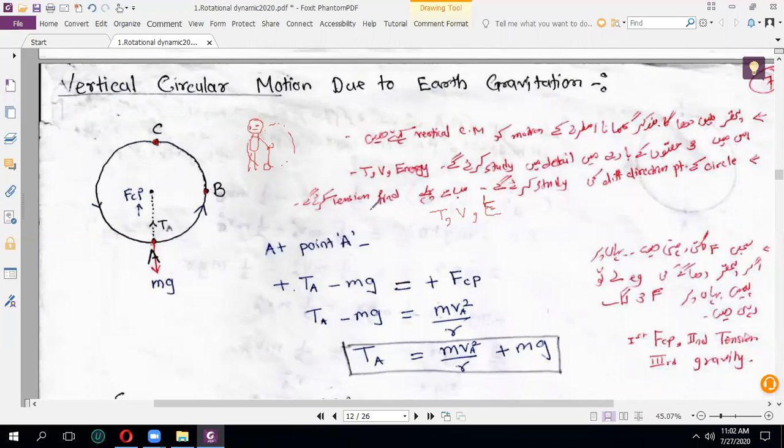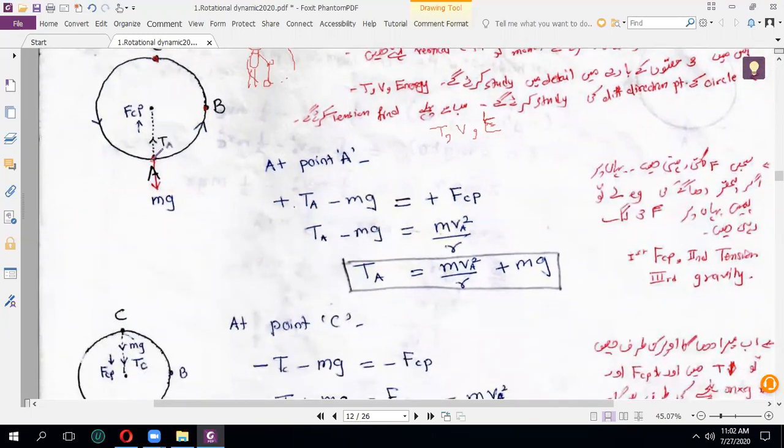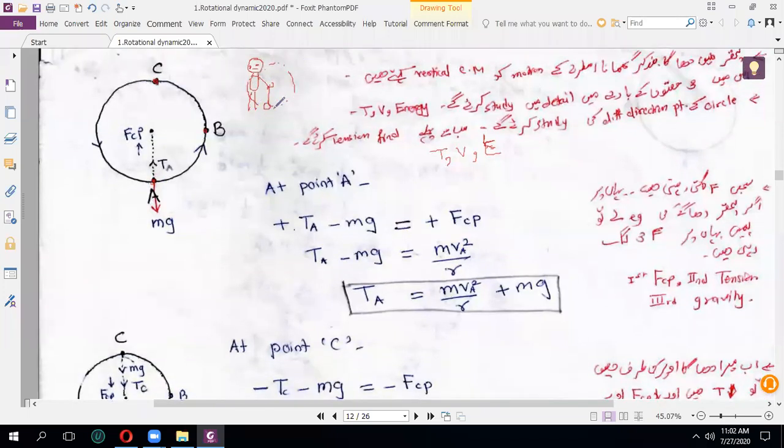First we start with the tension part. How to calculate tension? At position A, first we have to understand that whenever we move any object, we always start from downward. Correct? For example, you have a thread attached to a heavy object like a stone and you start moving that object. When you start the motion, from which place does it start? We always start the motion at the downward position.